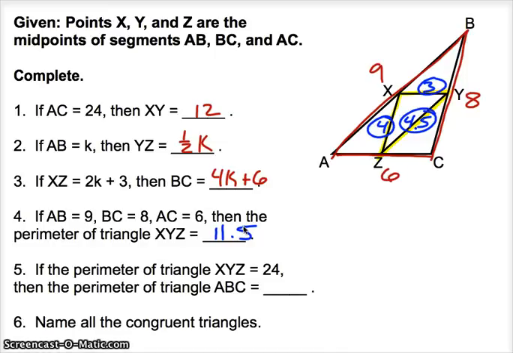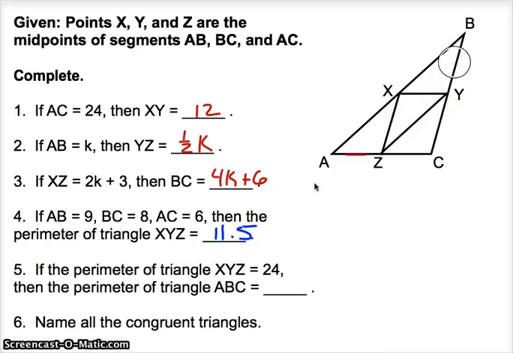Number 5. If the perimeter of triangle XYZ is 24, and if I look, triangle XYZ is this smaller triangle inside of there, and I know the perimeter of that is 24.